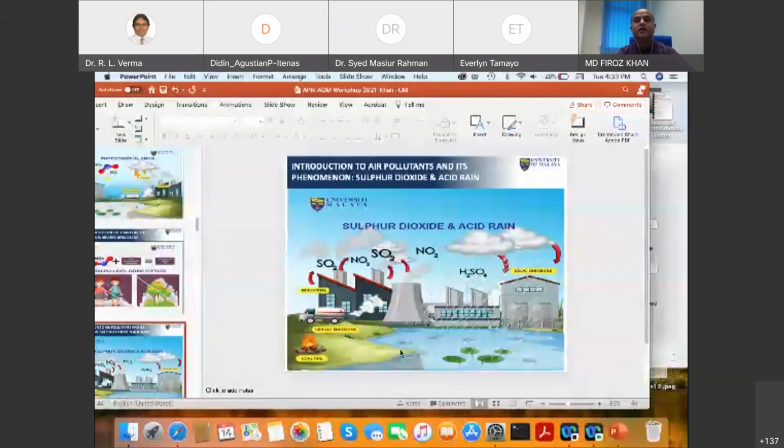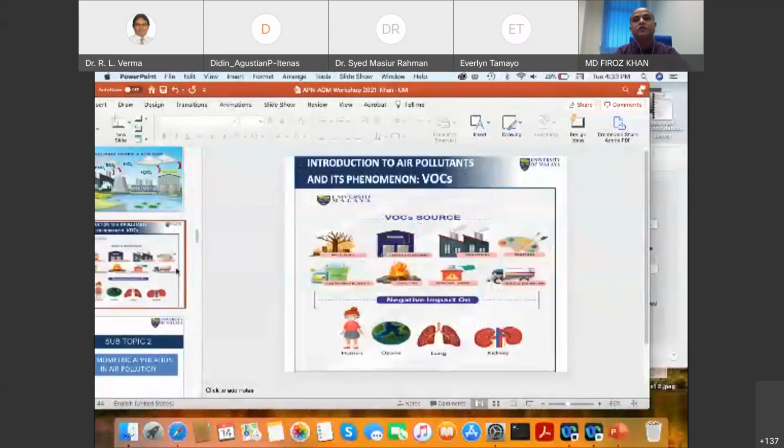And this acid rain also has effects at the surface level on many things, on the water bodies, on the plantations, on our building structures, everywhere it has a damaging effect. So let's move on with the last one here, the volatile organic compounds.